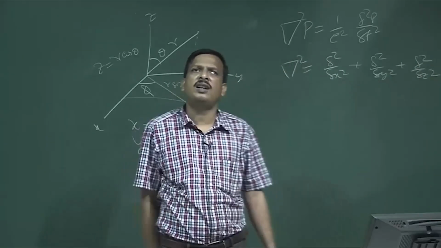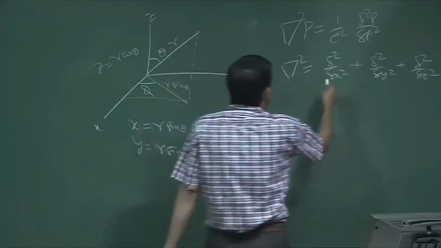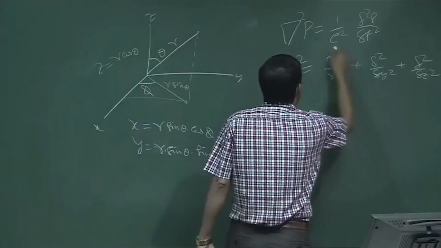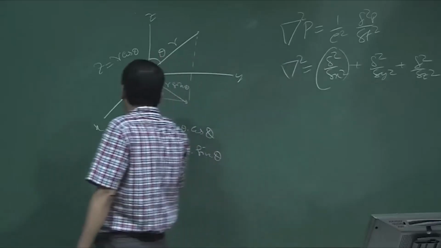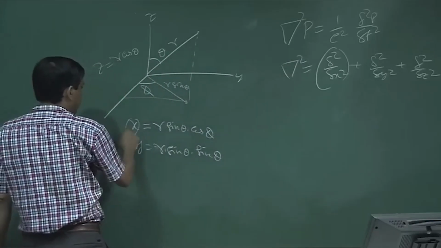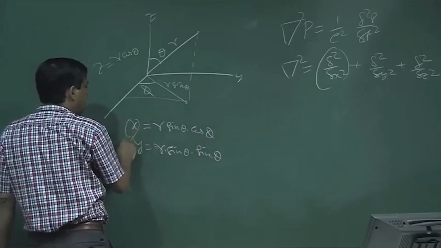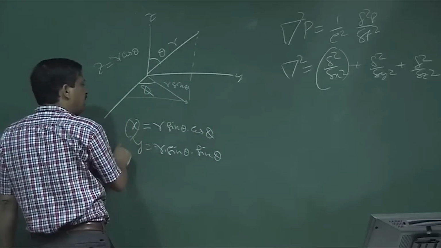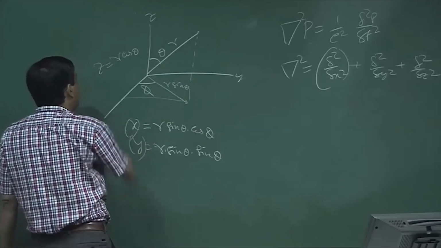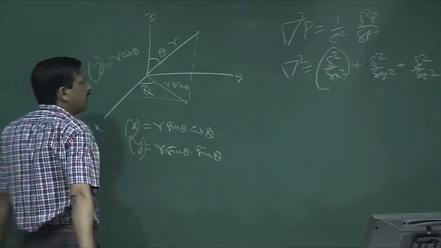Now, instead of x, y, z, these terms can be calculated in the new coordinates: del square by del x square I can calculate, del square by del y square I can calculate, and del square by del z square I can calculate.